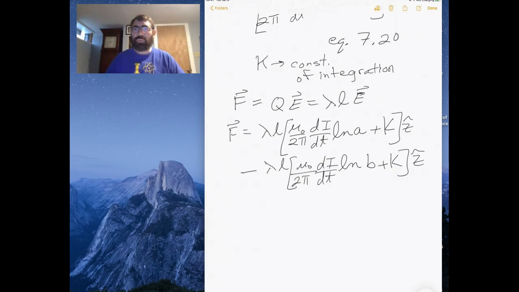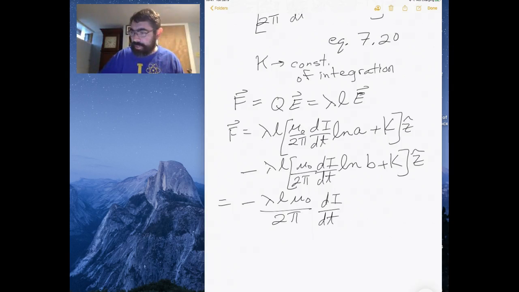Okay, so that's the total force acting in this case. We can actually collapse this a little bit, and we would get minus lambda L mu 0 over 2 pi, the change in the current with respect to time, the natural log of B over A, and then the constants of integration cancel each other out in both cases. And all of that is in the z direction.